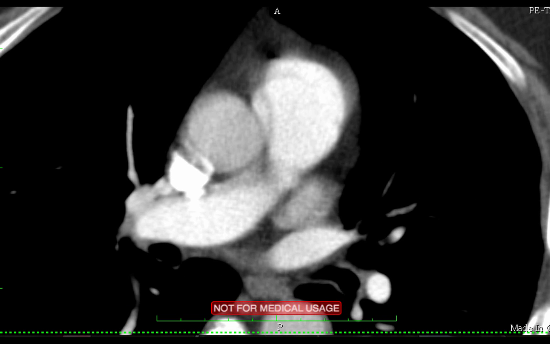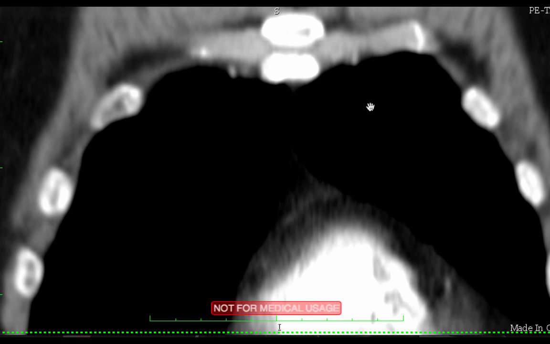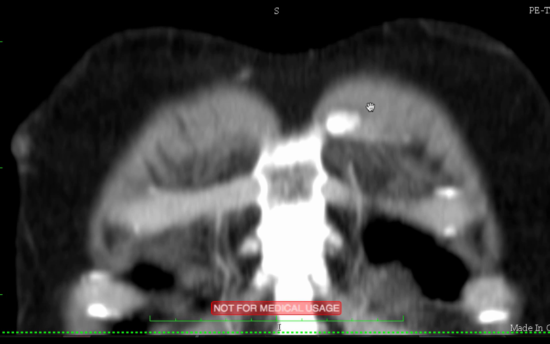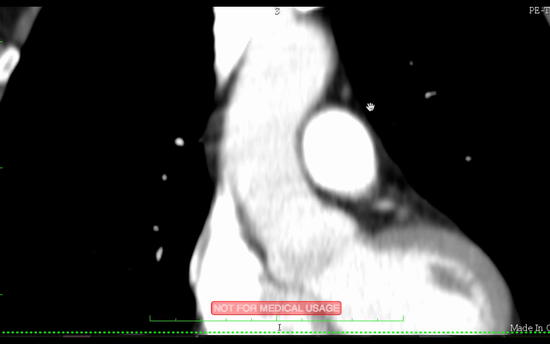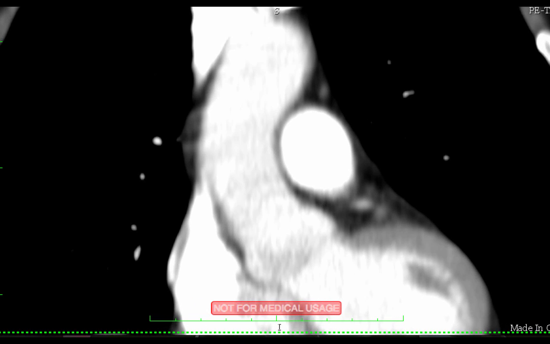Now for something entirely different, but pretty similar. Let's look at this. Okay, so now we have a little different view, don't we? It's the same stuff, same anatomy, nothing changes.